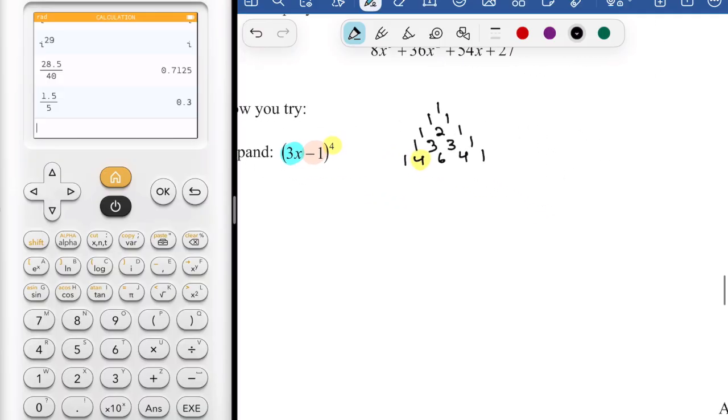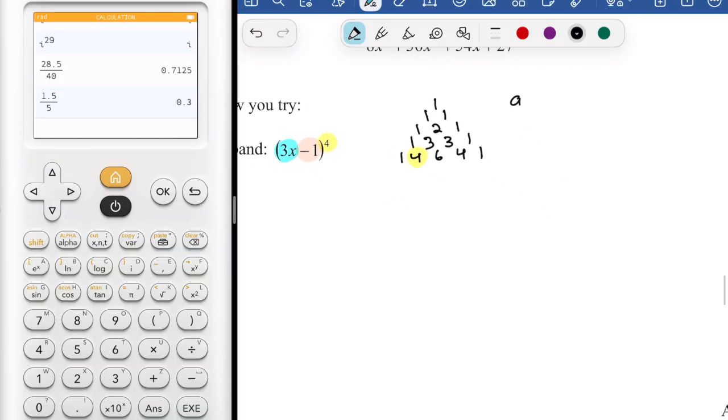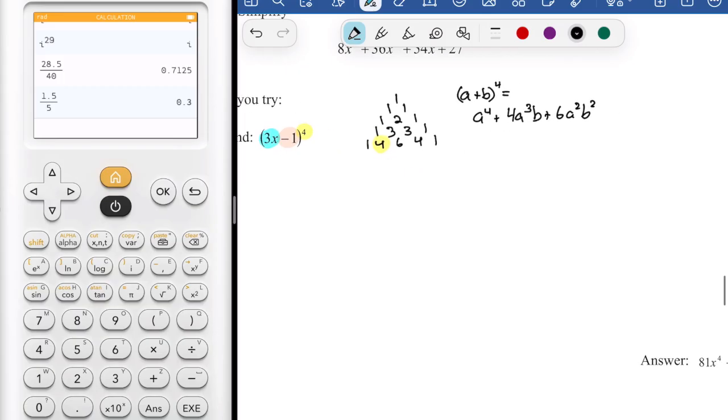Typically what you would see is something like a plus b to the 4th power would be equal to a to the 4th plus, I would use my coefficients of 4, a to the 3rd b, plus 6, a to the 2nd, b to the 2nd, plus 4, a, b to the 3rd, plus b to the 4th.